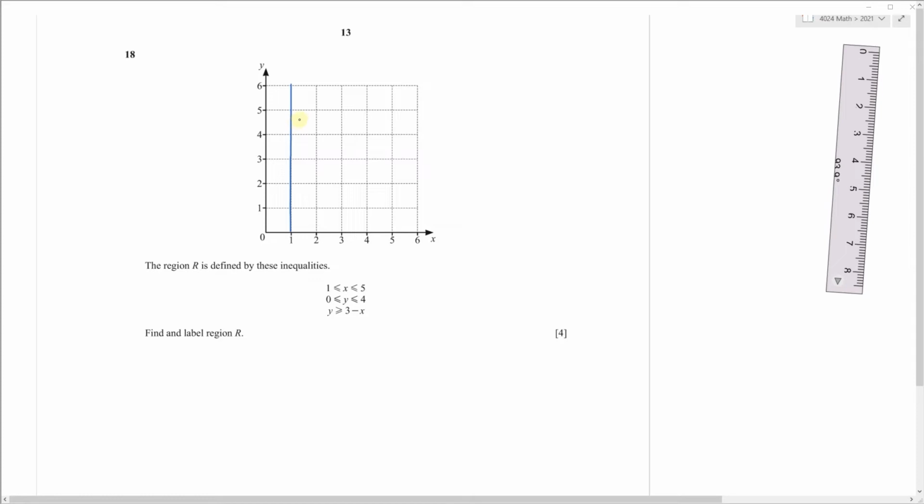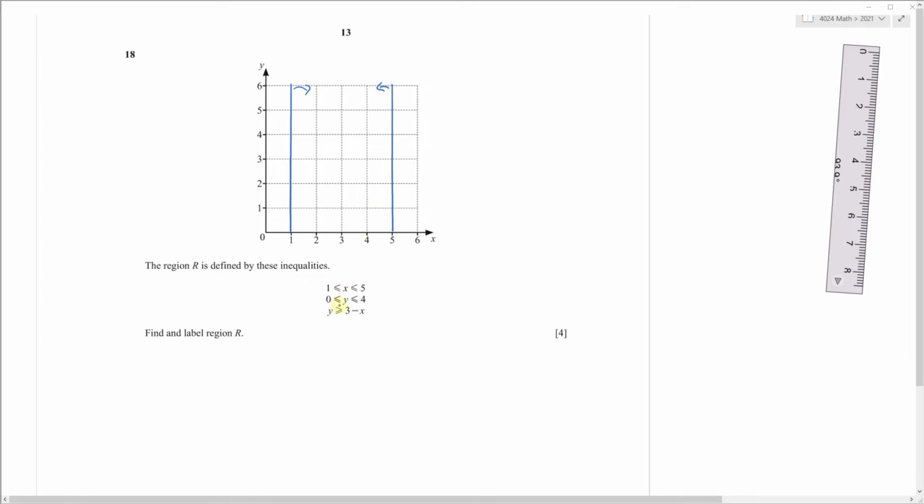So x greater than or equal to 1 means region R lies towards the right side. X is less than or equal to 5, which is x equals 5, is this line here. So it's less than or equal to, so it's towards the left side.